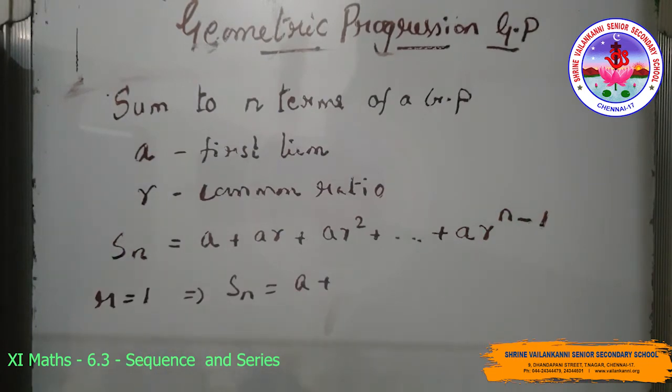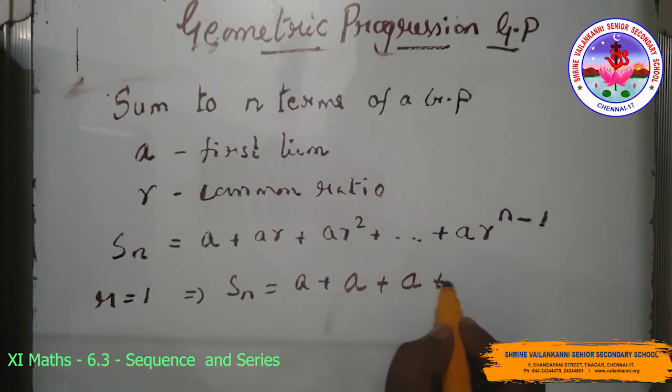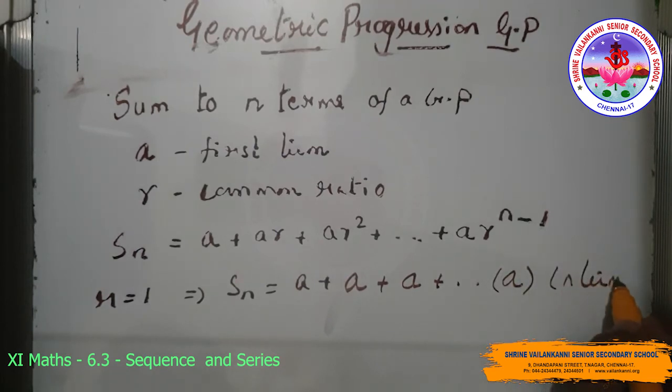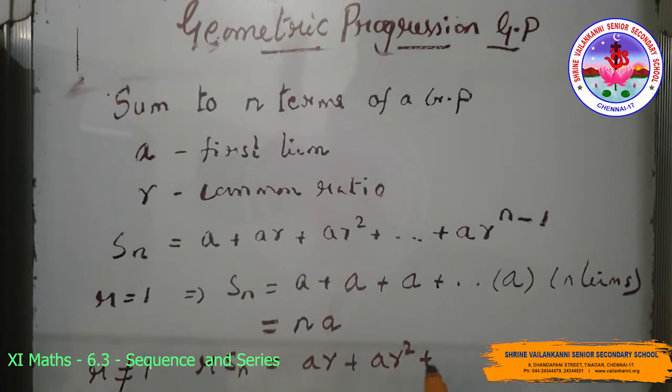When R equal to 1, then Sn equal to A plus A plus A, etc., plus A till n terms, which is equal to n into A. If R is not equal to 1, then multiplying the first equation by R, we get R into Sn, which is equal to AR plus AR square plus AR cube, etc., till AR power n.